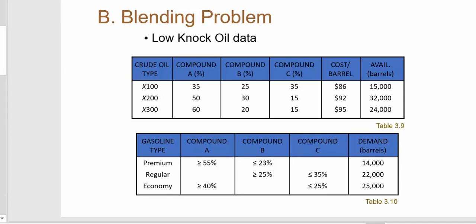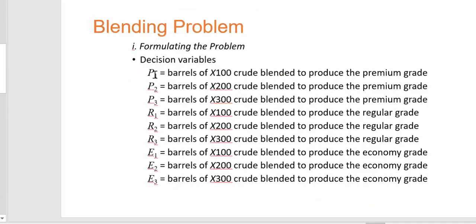So let's show you here. This is P, and this is for premium grade. R is for regular grade, and E is for economy. This means barrels of X100 crude blended to produce premium grade. So we can blend the X crude, refine it, and blend it to produce the premium grade. But you can also see X100 can be used to produce and blend the regular grade.